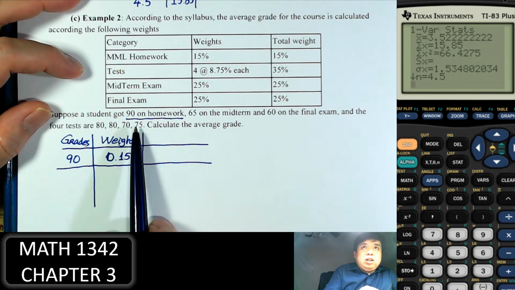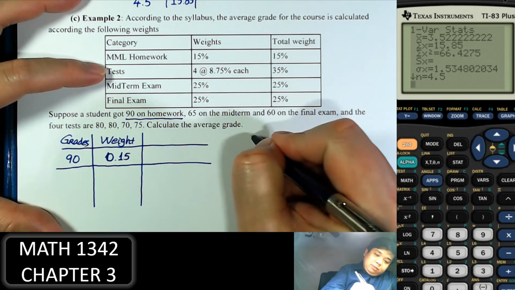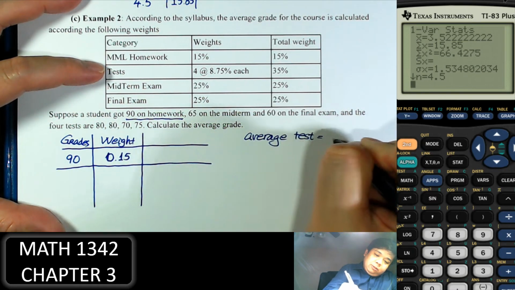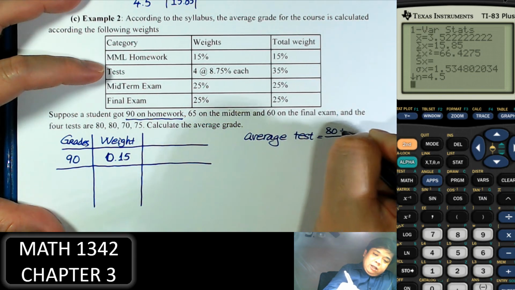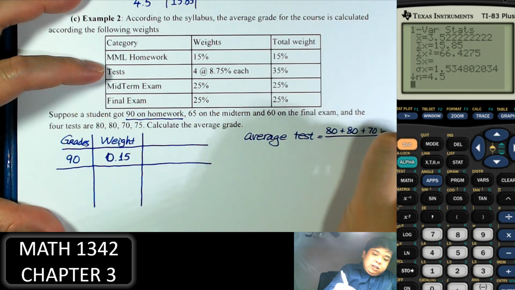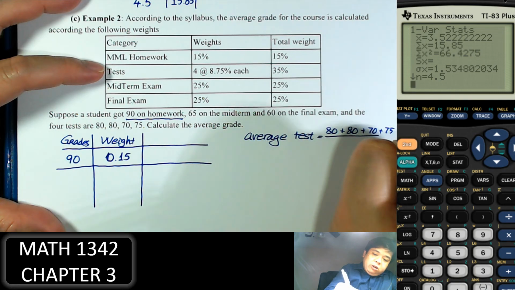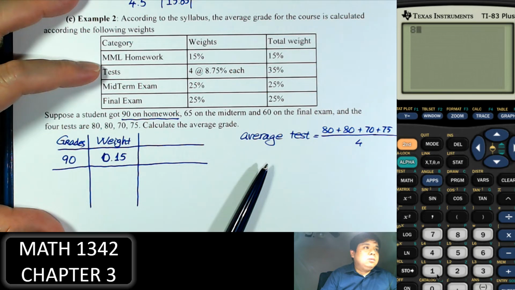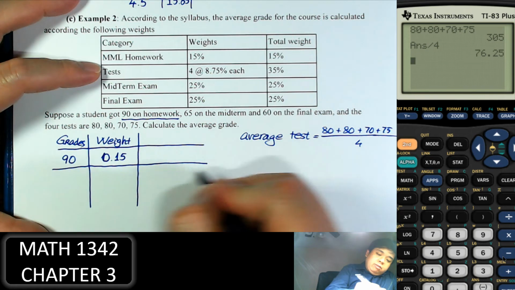Let's just calculate the average test. 80, 80, 70, 75 divided by 4. 76.25.